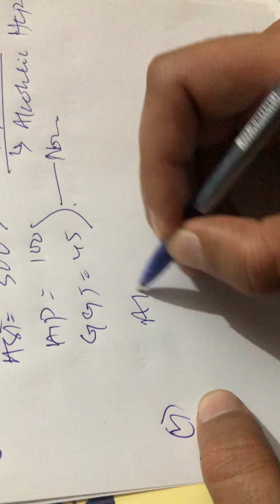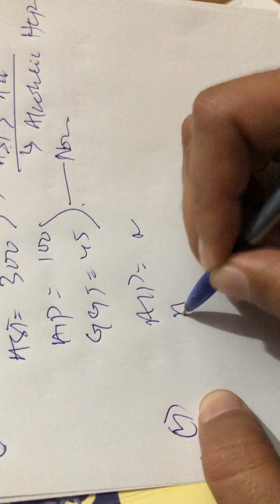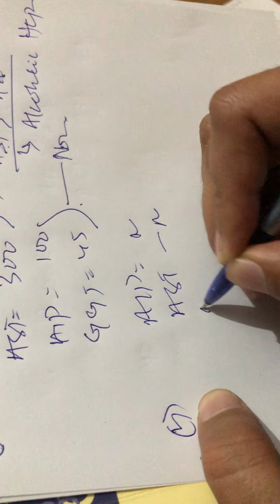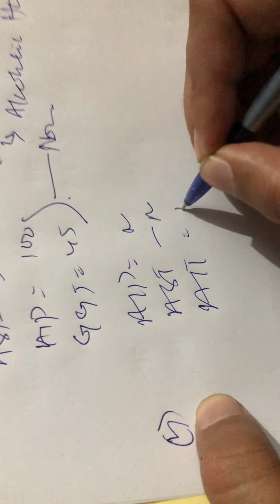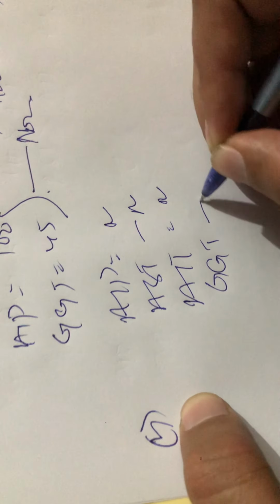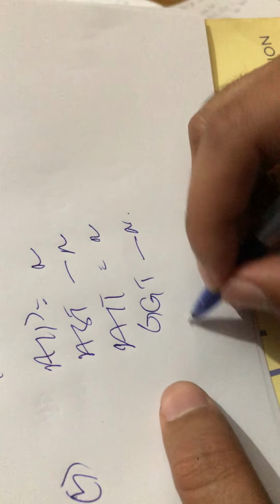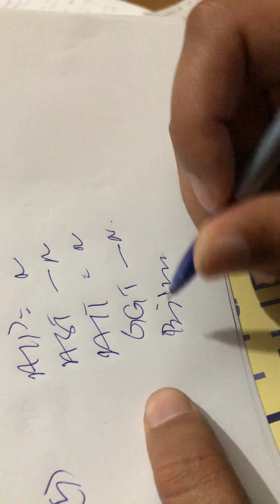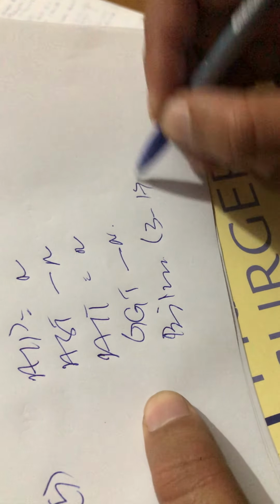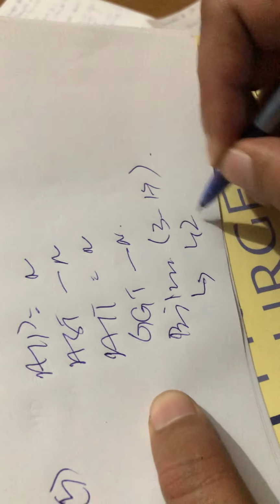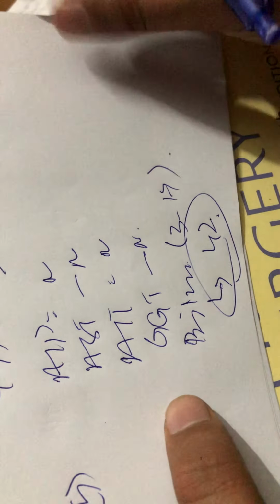Now when all these 4 enzymes are within the normal range, ALP is normal, AST is normal, ALT is normal, and GGT is normal, with only an isolated increase in bilirubin, where the normal range is 3 to 17 and here it is 42.